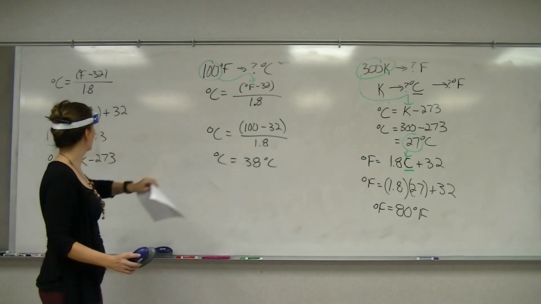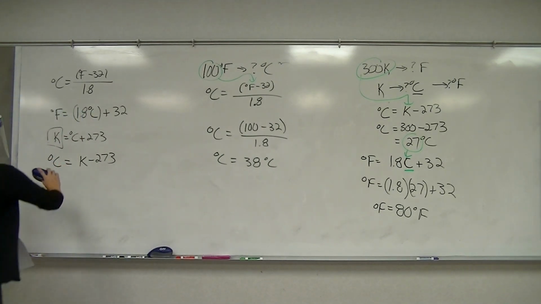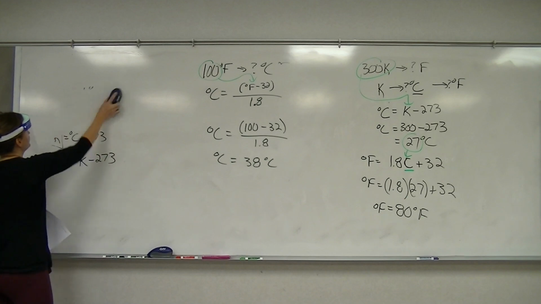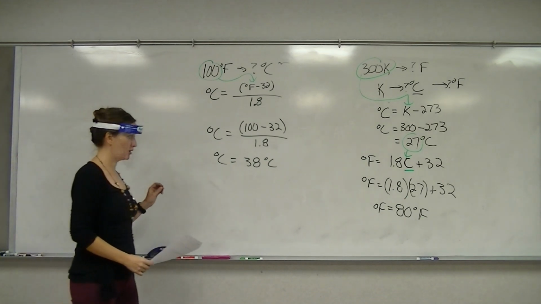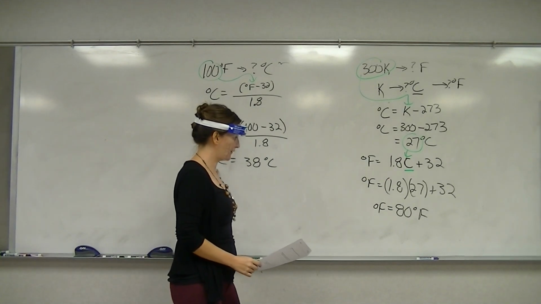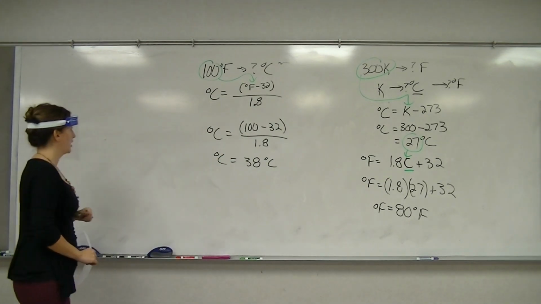I've used all the equations at least once, so you can see how that looks. The only other thing you really needed to know about temperature was the freezing point and boiling point of water. So know those values.